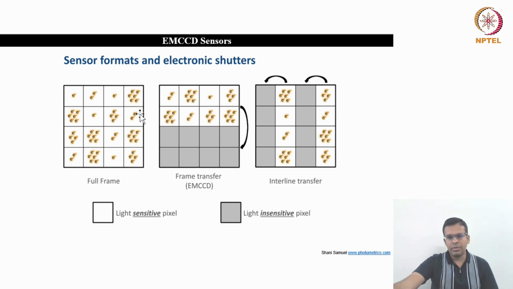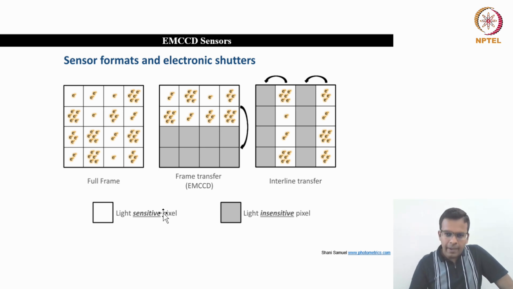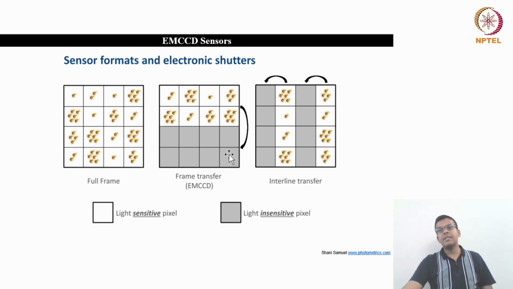See here, the pixels shown in white are the light sensitive pixels which can actually collect the photons from the sample, whereas the pixels shown in gray are known as light insensitive pixels. These pixels will not collect photons from the sample, but they will help in transferring and processing the electrons from the active pixels.